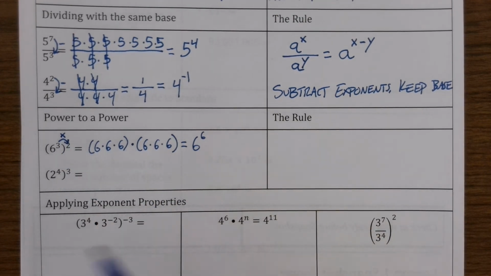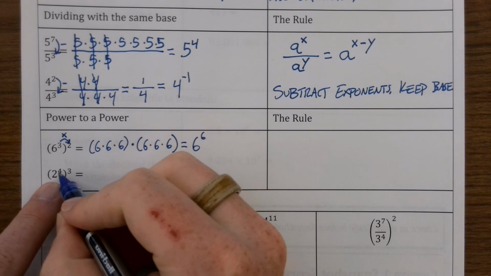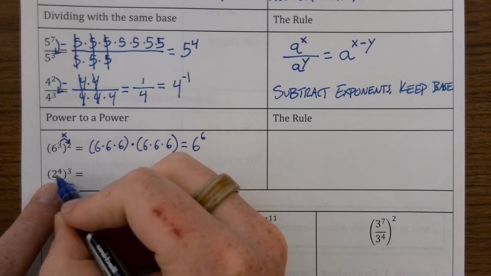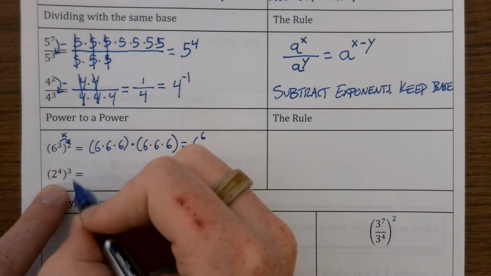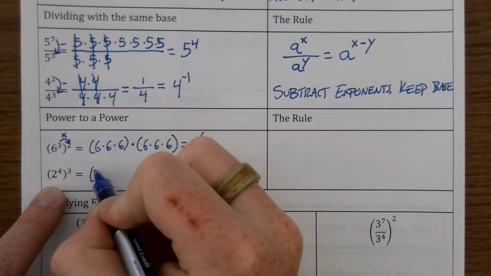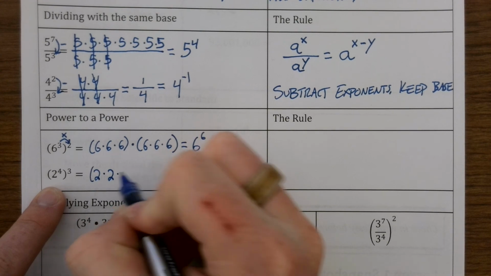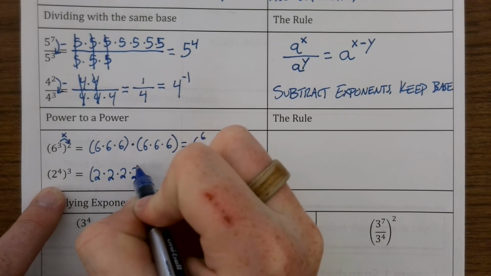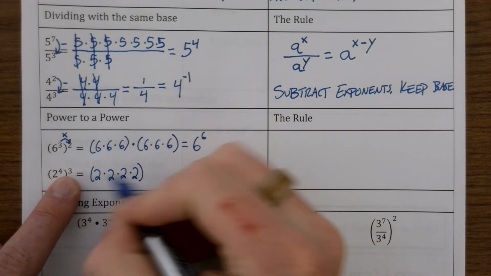Same thing here. I have 2 to the 4th power in my box, and then I'm raising that whole box to the third power. So I have 2 four times, so here's 2 once, twice, 3, 4 times. And I have 3 of these boxes.